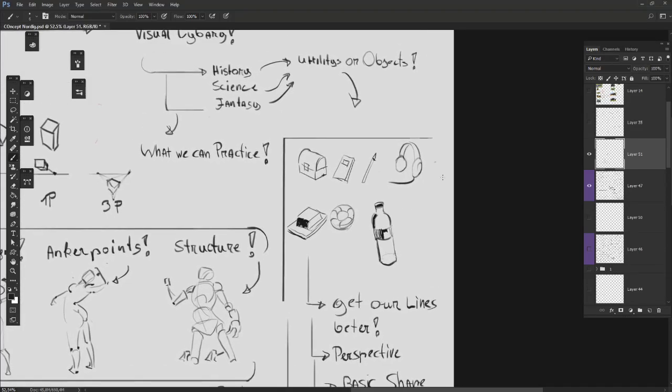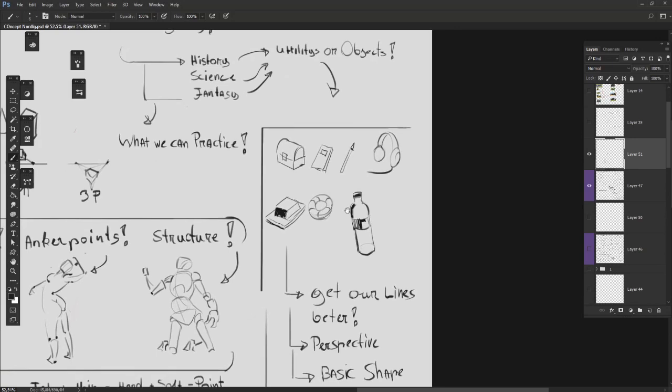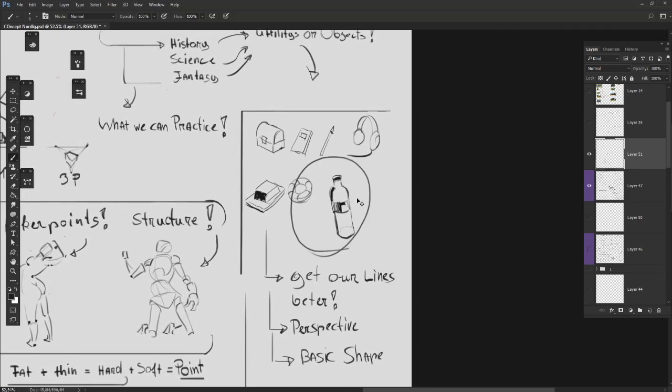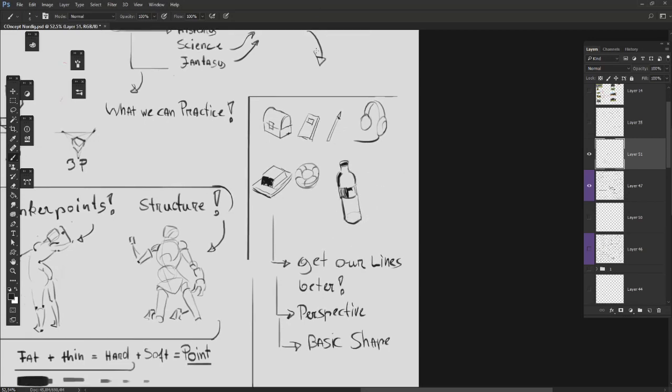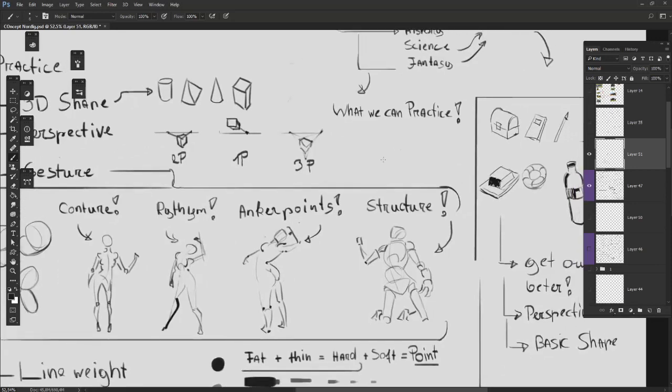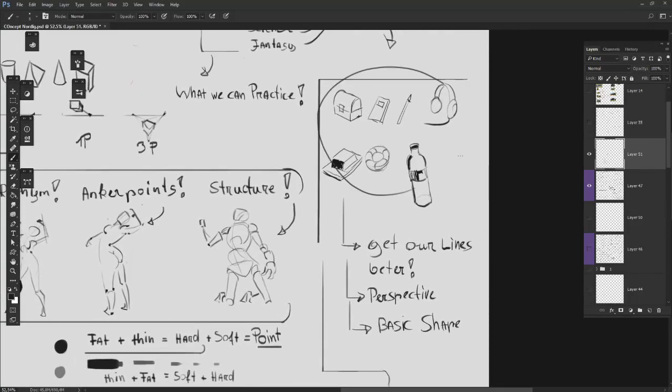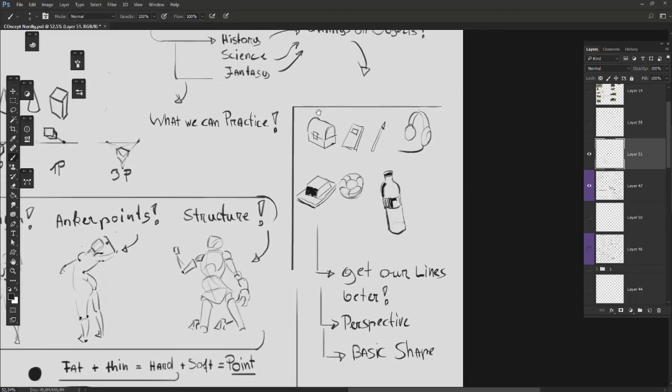And by the way, if you guys are practicing objects and different types of objects, it's okay to be the worst thing ever. You don't need to immediately be a pro at it, because it takes maybe 1 to 2 years, but after 2 years you have so much visual library.